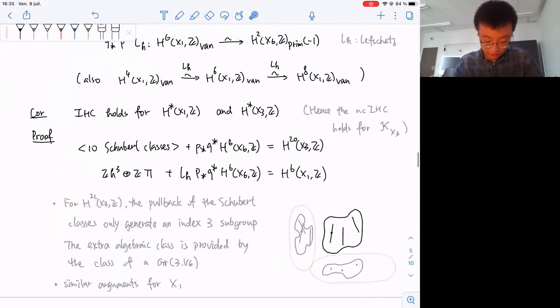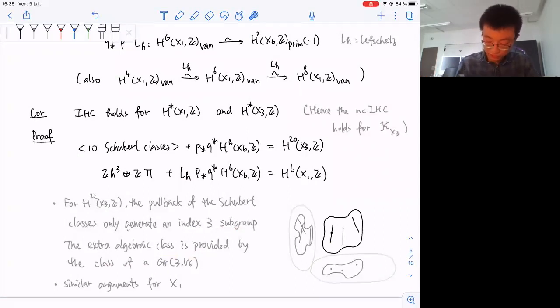The problem is that in fact they only generate an index 3 subgroup, and there's an extra algebraic class. This is provided by the class of Grassmannian G(3,6), which is a fiber of the incidence variety over the hyperkähler.